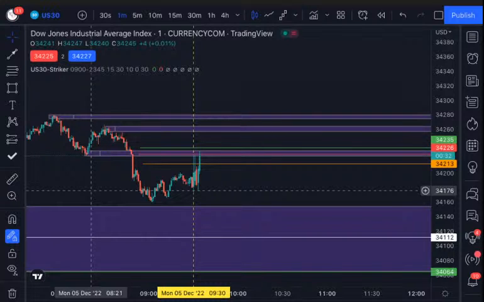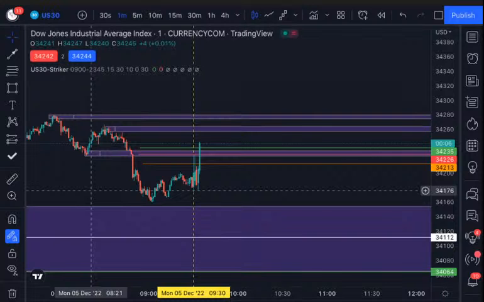Yeah, it's trying something. Can you send me that levels indicator? I think I deleted it for some reason. Do you have the pullback one? Because that's where I use it from. I usually had them both together.